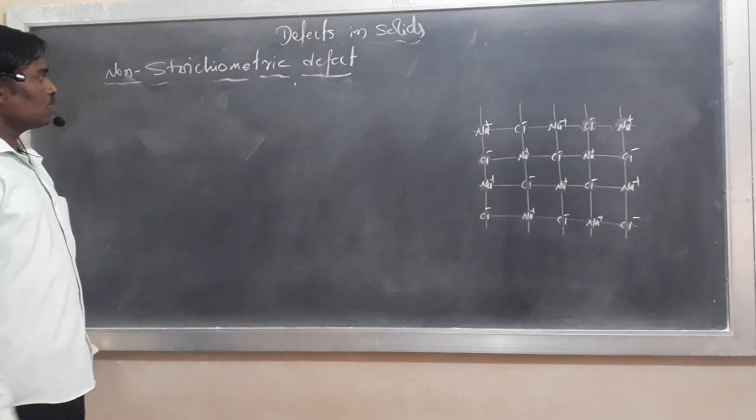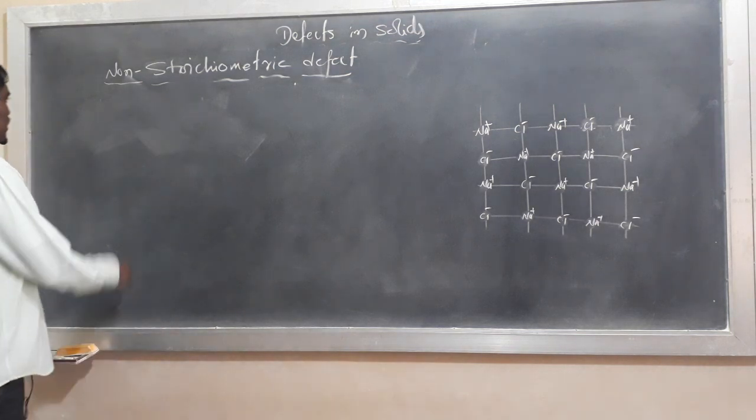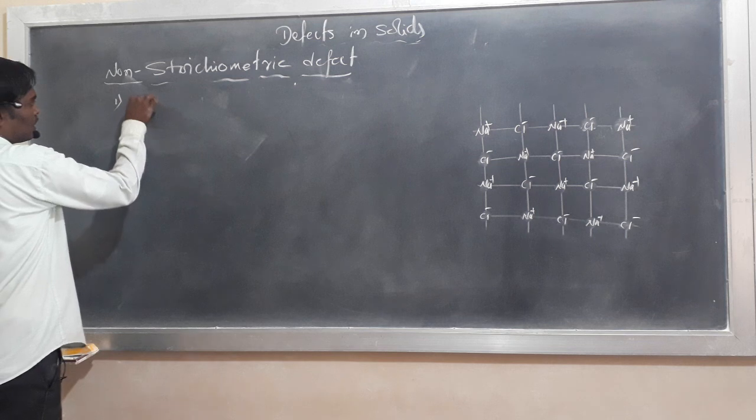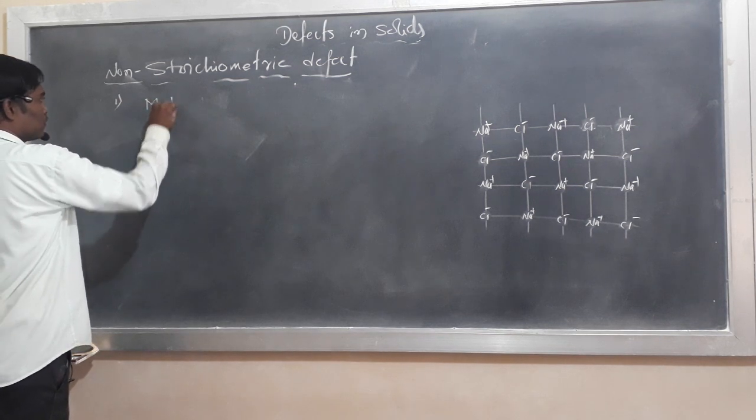Now, non-stoichiometric defects are also of 2 types: one is the metal excess defect and another one is the metal deficiency defect.